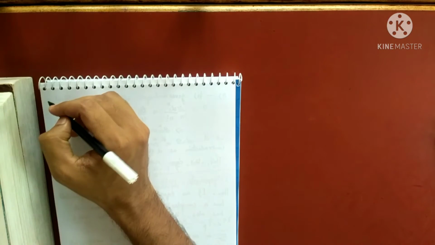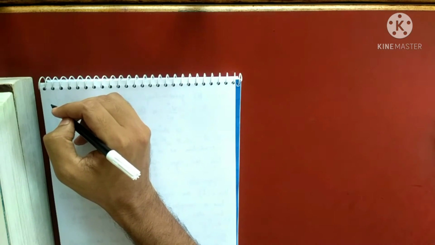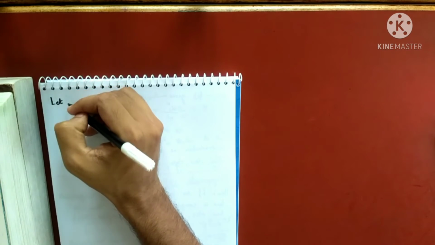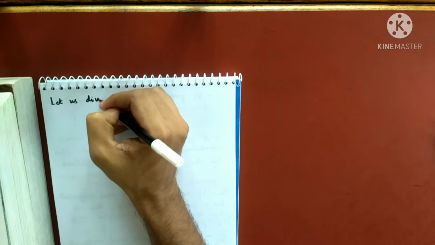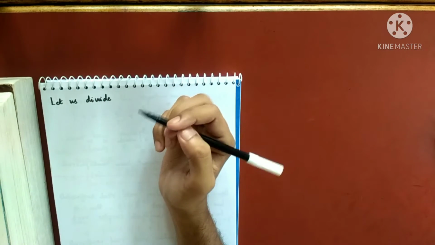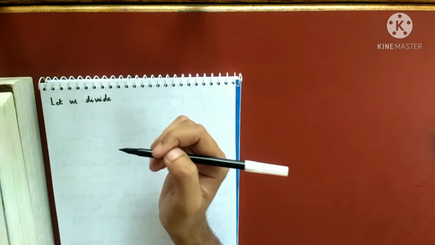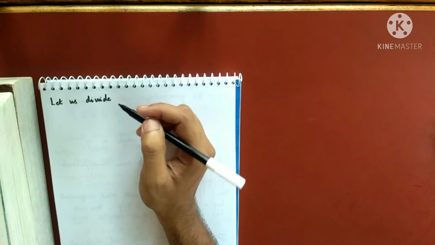Okay, so now let us divide f(x) by some polynomial. Because f(x) is a polynomial of degree at least 2, I can divide by a polynomial of degree 2.